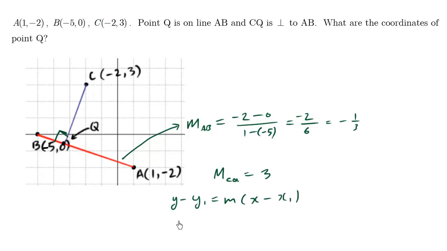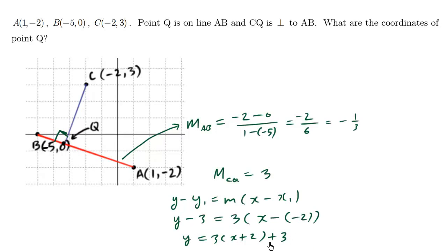And so our y value is 3. y minus 3 is equal to m, which is 3, times x minus -2. So we have minus -2, and so we have this line equation. Let's work it out here. We have y is equal to 3 times x plus 2, plus 3.